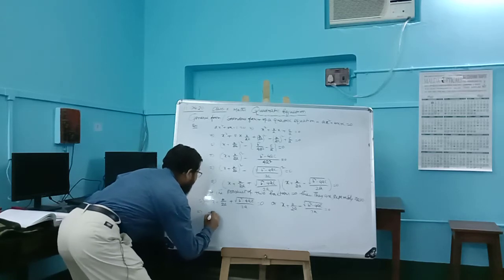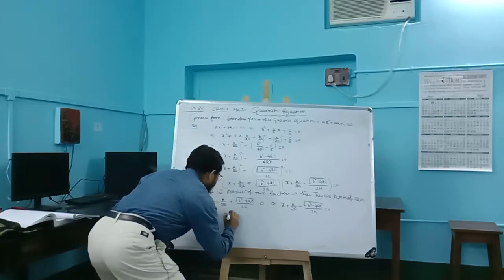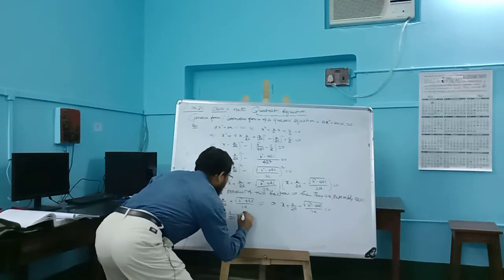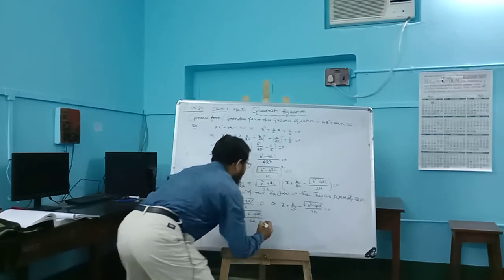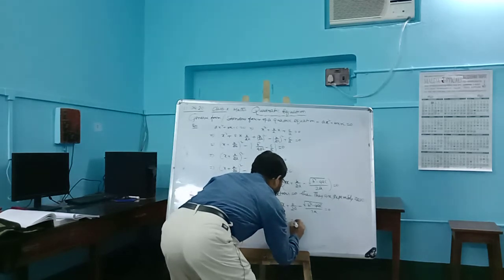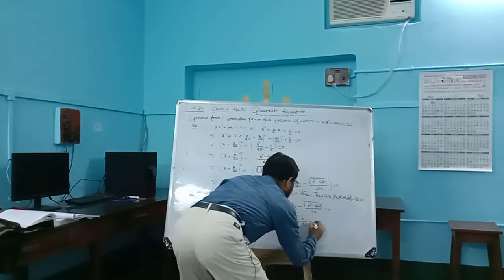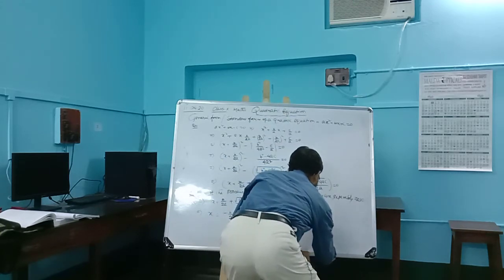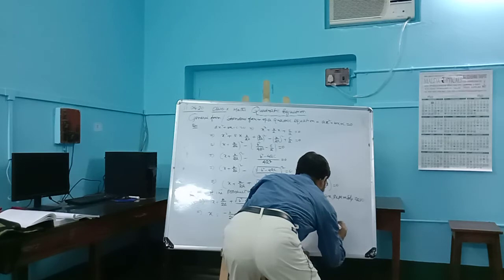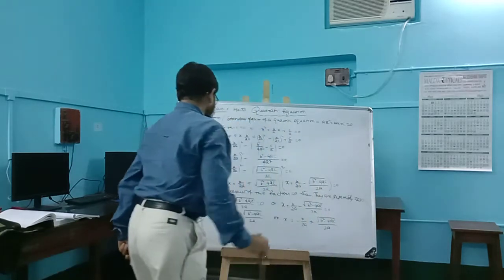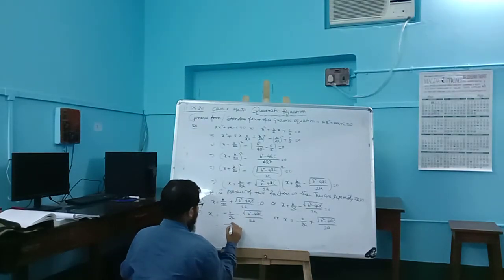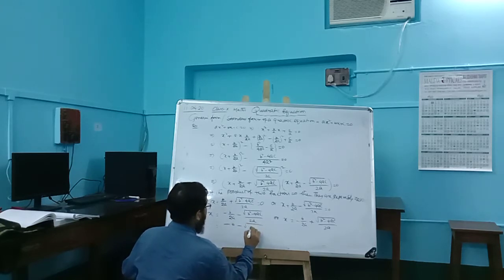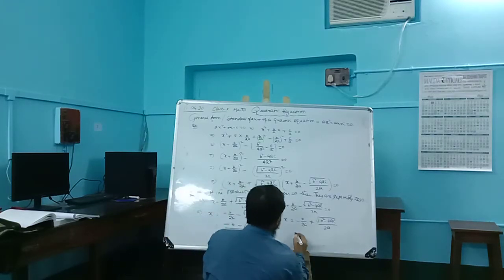This implies x equal to minus b by 2a minus root over b square minus 4ac by 2a, or x equal to minus b by 2a plus root over b square minus 4ac by 2a.